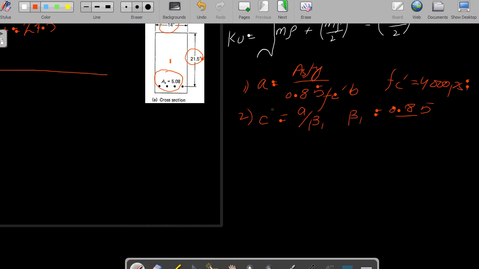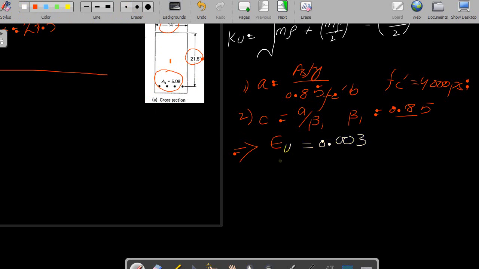Remember, before starting a review problem, we will use our two criteria. I have already mentioned those criteria: we have to assume that epsilon u equals 0.003.